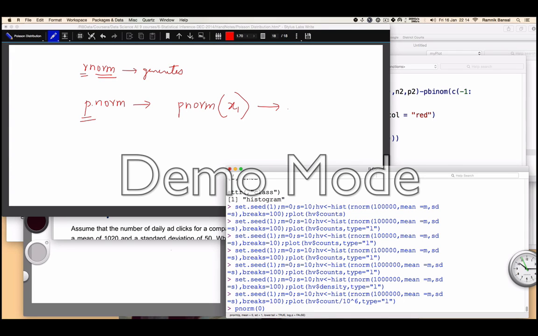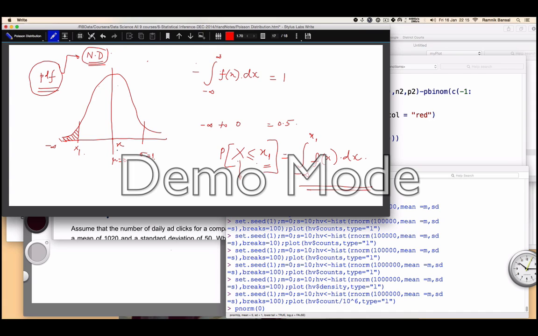Just check it up again. pnorm for x1 equal to 0. pnorm is the probability under the curve from minus infinity to x1.